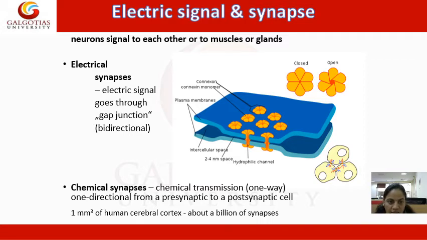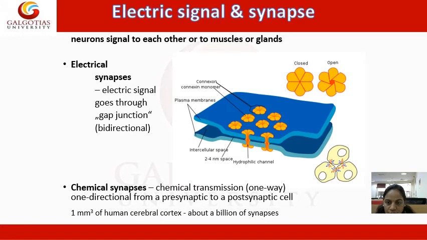So the electrical synapse, the electrical signal going through the gap junctions. So the gap of these particular fluid-like material. This bidirectional composition can be shown here in this particular structure. So the junction at which this is connexon.